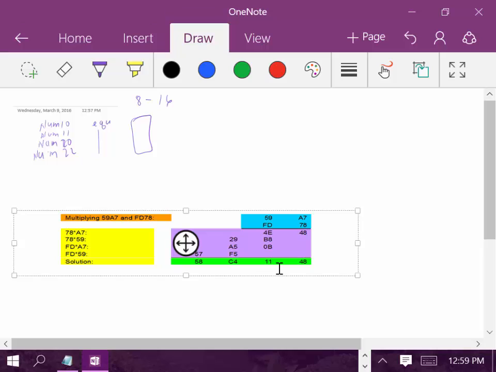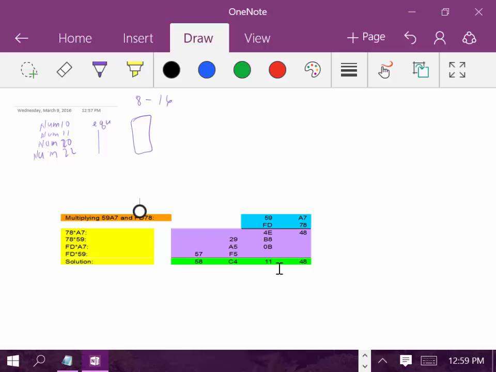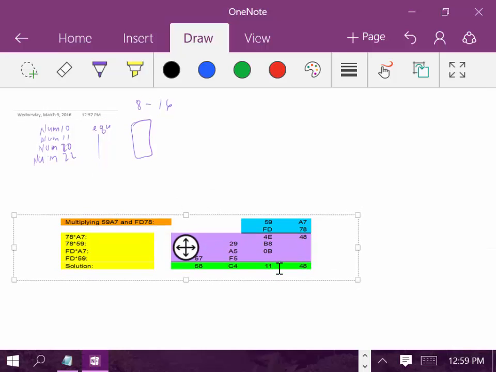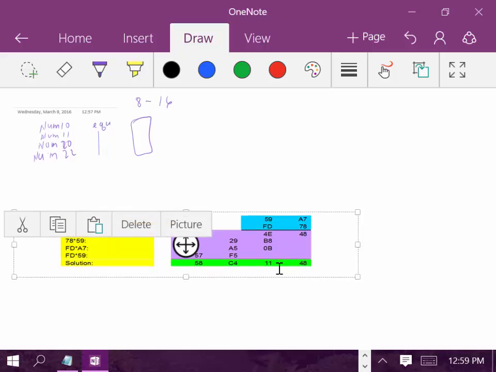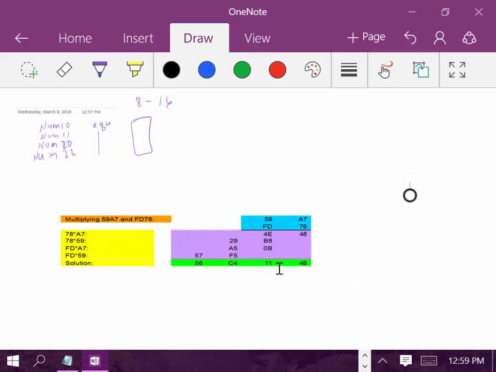Can you still read that? Yeah, okay. All right, well, I'm just going to go ahead and start writing the code there.